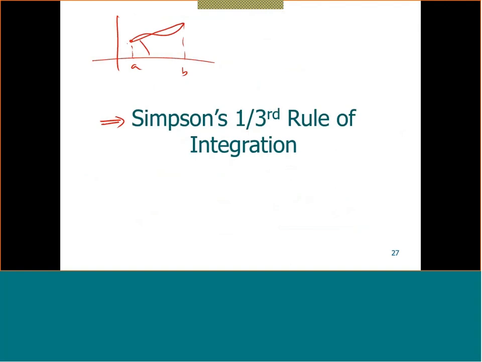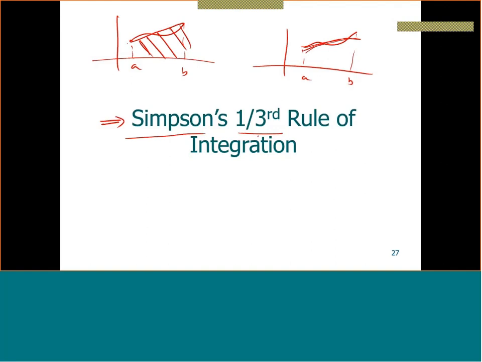So what if I assume that the relation between a and b is not linear but a non-linear function? So we have something more non-linear, second order or third order. Now the Simpson's one-third rule assumes that the function between a and b will become a second order polynomial, not a linear function.